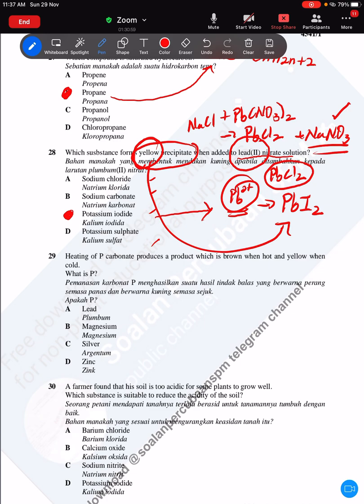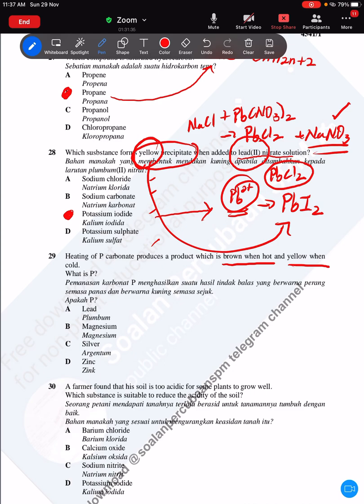Good. Okay, next one. Heating of lead carbonate produces a product which is brown when hot, yellow when cool. Who am I? Lead or zinc? Confirm, lead, plumbum.